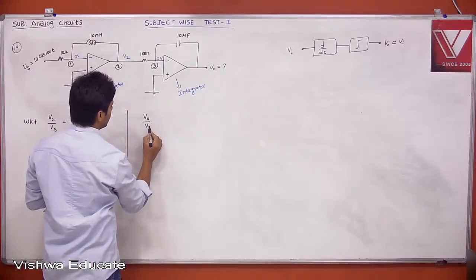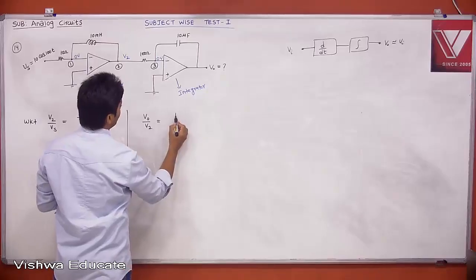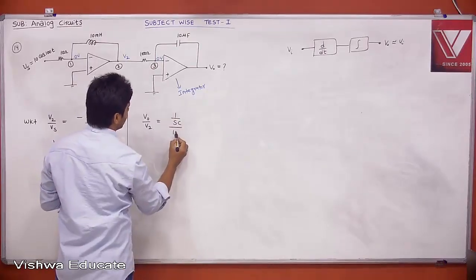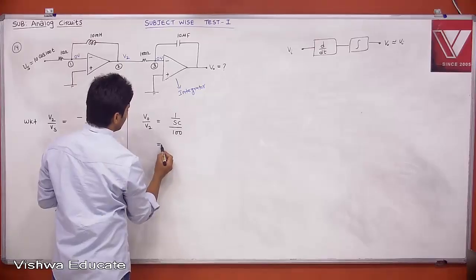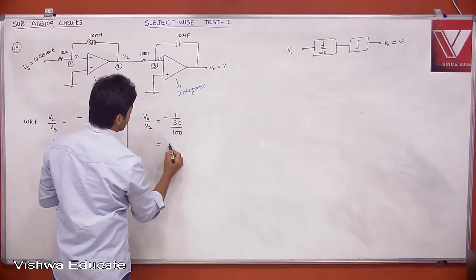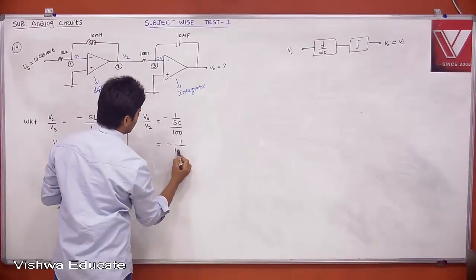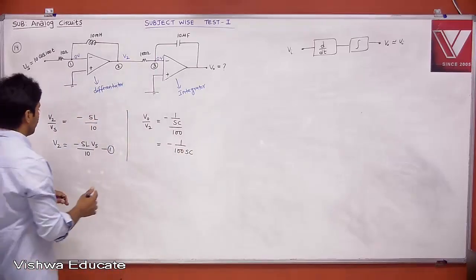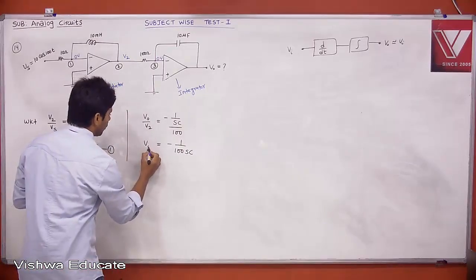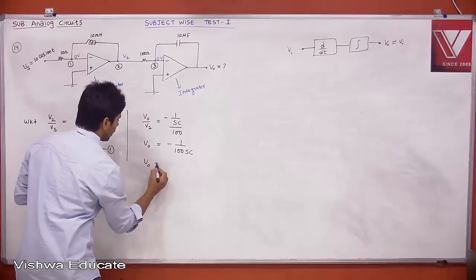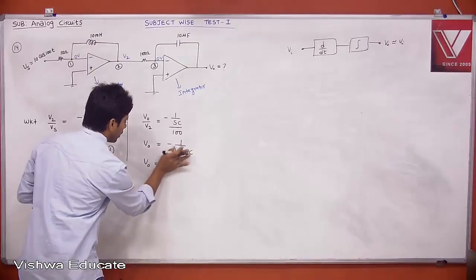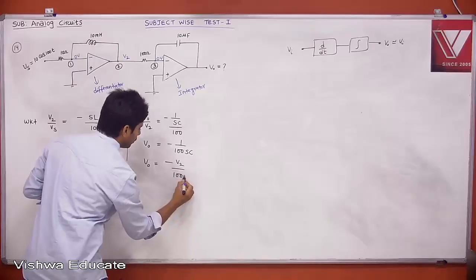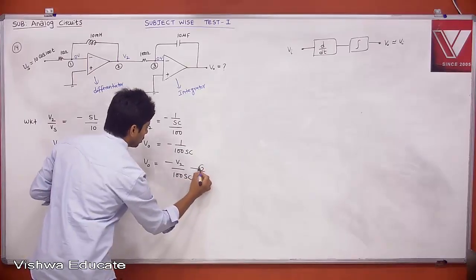Similarly, from the integrator, V0 divided by V2 is equal to 1 by SC divided by 100, which is minus 1 by 100 into SC. Therefore, V0 is equal to minus V2 divided by 100 into SC. This is equation 2.